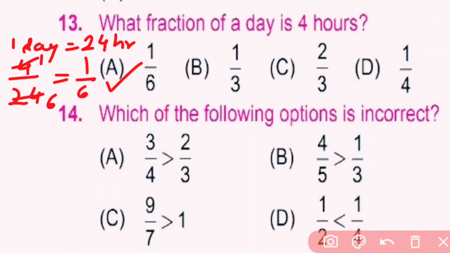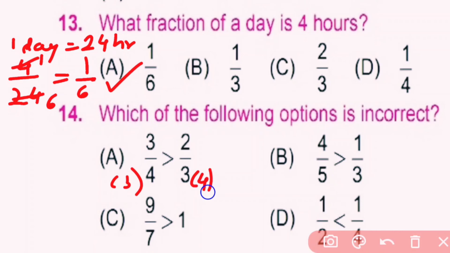Question number 14. Which of the following options is incorrect? So here in all options denominators are different, so we cannot directly compare. We have to find the LCM and make their denominators the same. So in option A, the LCM of 4 and 3 is 12. So here 3 by 4 we multiply by 3 and 2 by 3 we multiply by 4.